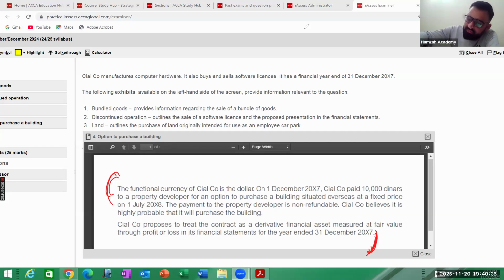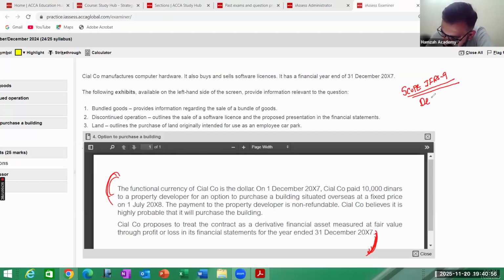Dear student, how is there a touch of IFRS 9? Basically, I would not say IFRS 9, but the scope. The scope of IFRS 9 is tested along with IAS 21.